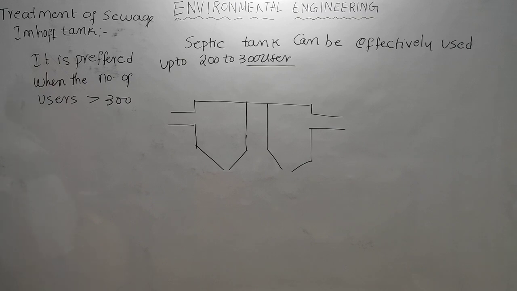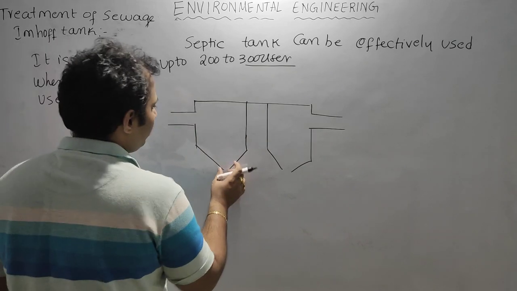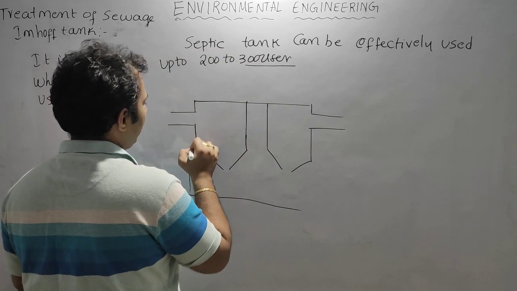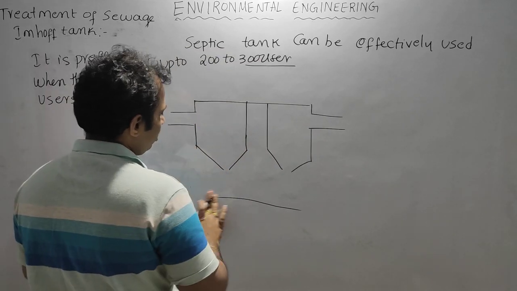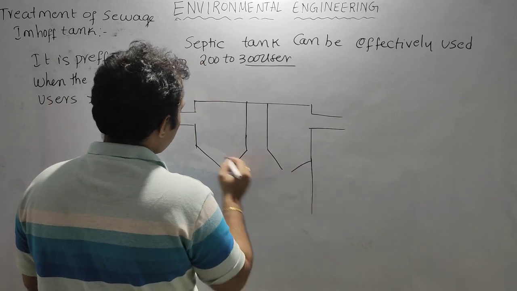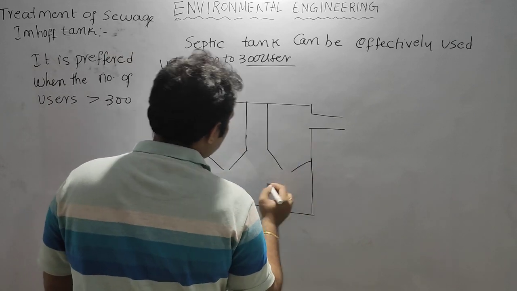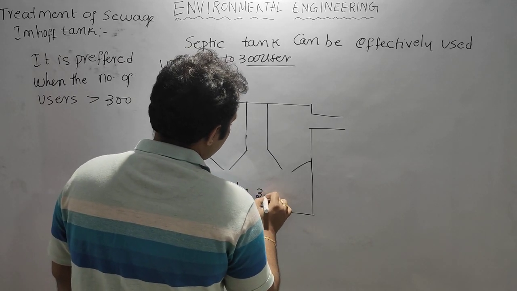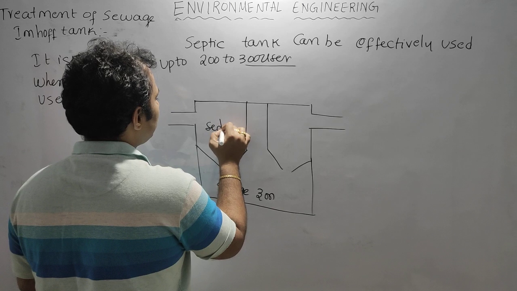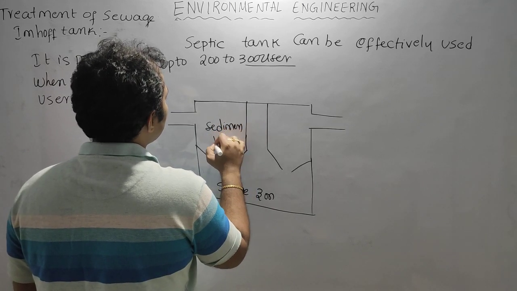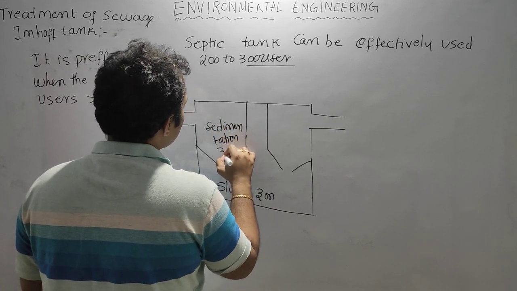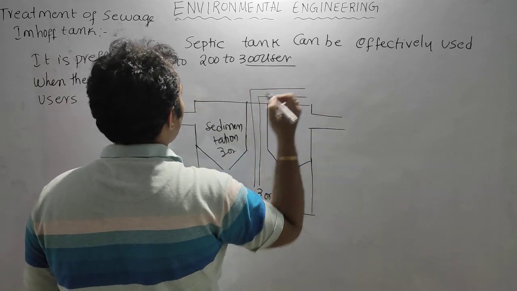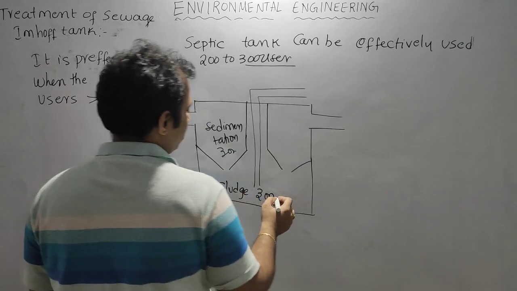There will be a small slot from which the sludge will come out from the sedimentation tank into the sludge digestion tank. This is the sludge zone, and this is the sedimentation zone. This gap is provided for desludging.